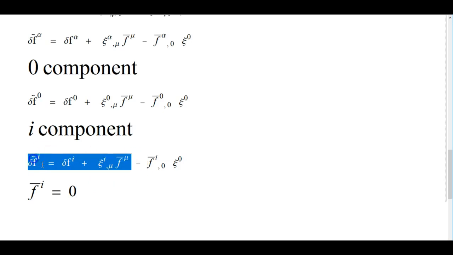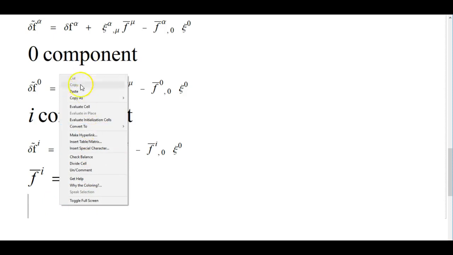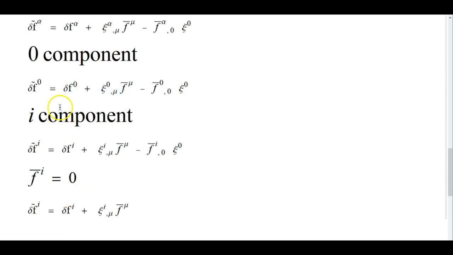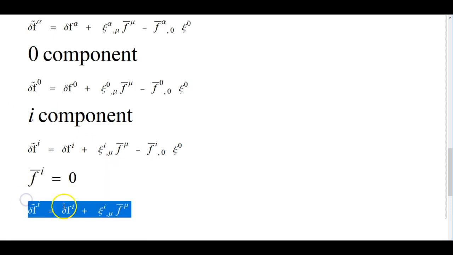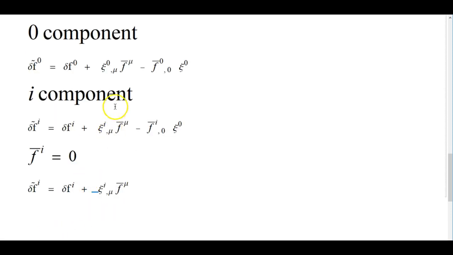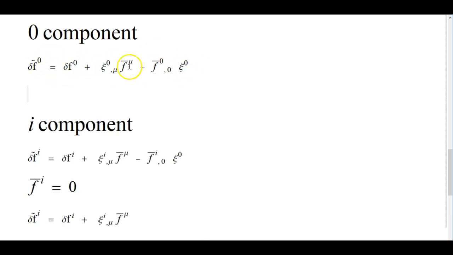Therefore, this would simplify to copy and paste. Where is paste? Here. Okay, so this is the 0 component transformation of vector perturbation, and this is the I component transformation of vector perturbation. Yeah, I just realized that we can go one step further in both of these scenarios, because f bar I is 0. So when you contract on mu, only the 0 component survives here in the f0 transformation.